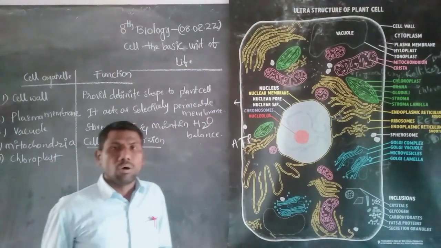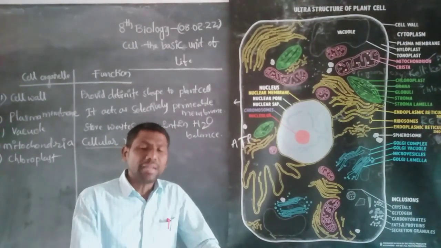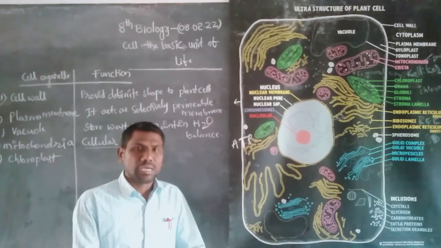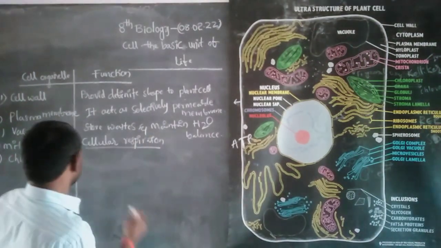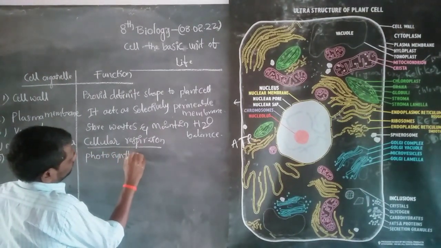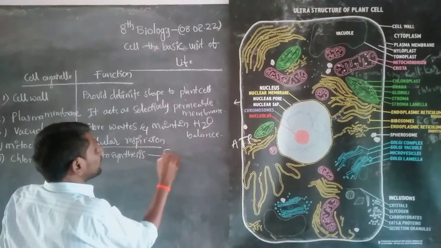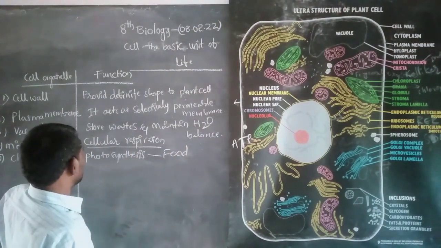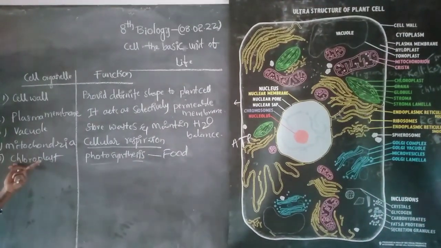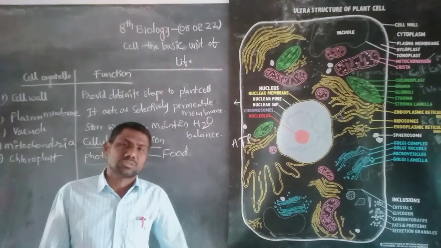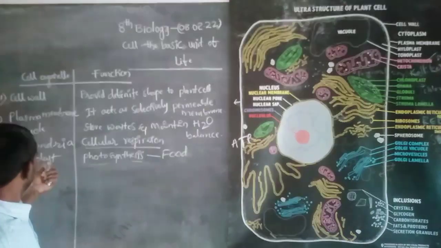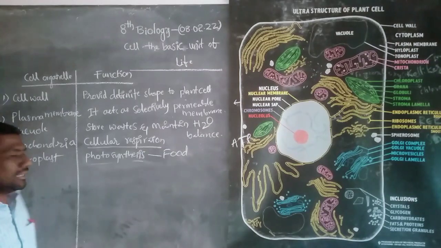It performs photosynthesis and prepares food material by the process of photosynthesis. That's why this cell organelle chloroplast is also called the kitchen of the cell. Why? It is preparing food material.